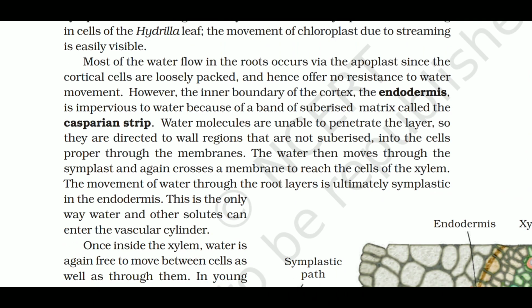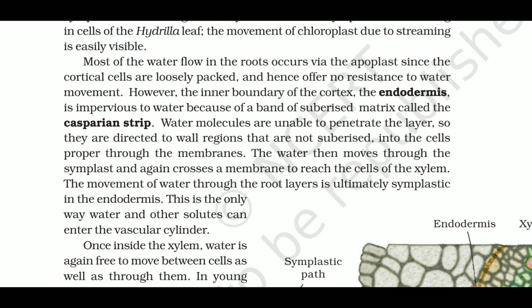Movement of water flow in the roots occurs via apoplast. Since the cortical cells are loosely packed, they offer no resistance to water movement. In between the cells the water will be moving in the apoplast. However, the inner boundary of the cortex, nothing but the endodermis, is impervious to water because of a band of suberized matrix, which we call the Casparian strips.